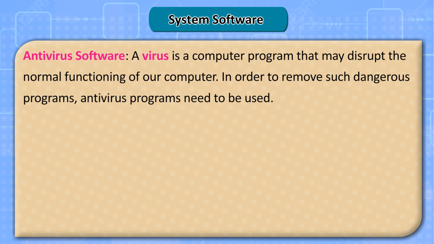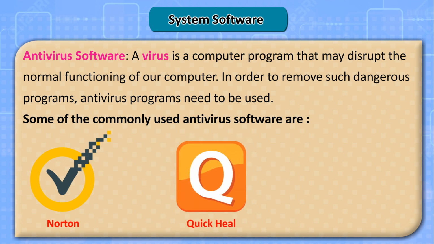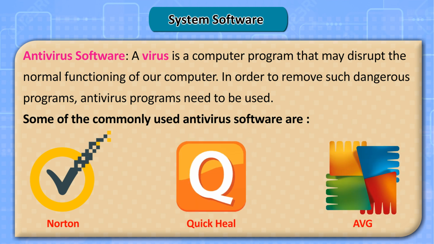Antivirus software. A virus is a computer program that may disrupt the normal functioning of our computer. In order to remove such dangerous programs, antivirus programs need to be used. Some of the commonly used antivirus software are Norton, Quick Heal, AVG.